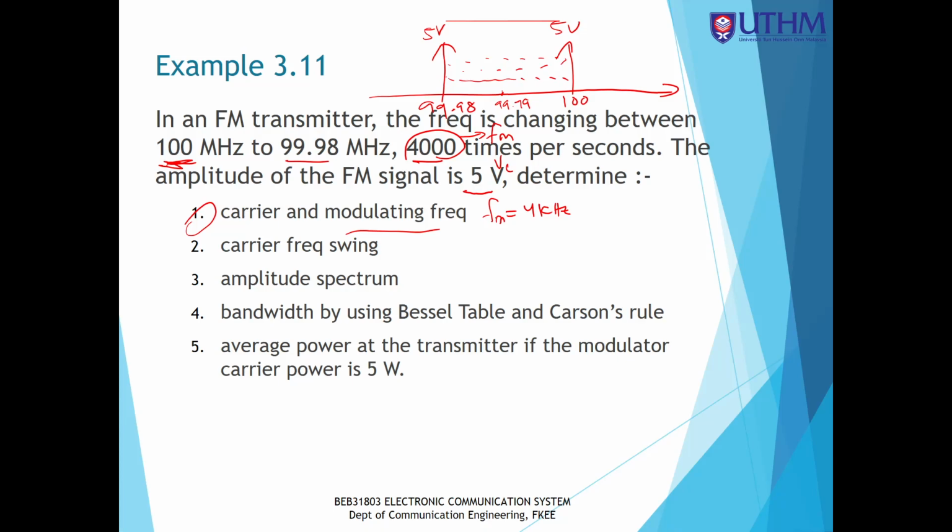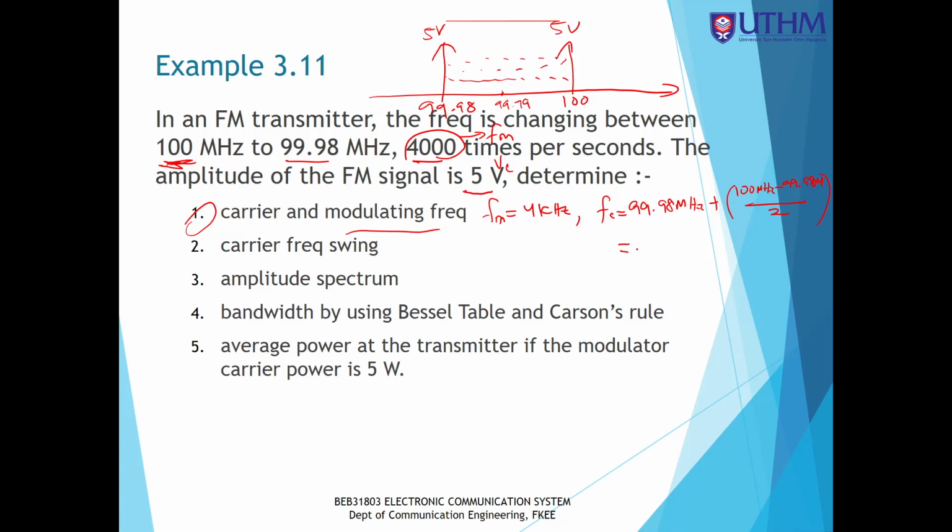Okay, and FC is equal to 99.98 megahertz plus half of it, 100 megahertz minus 99.98 megahertz divided by 2.